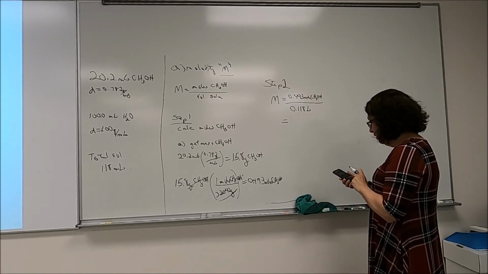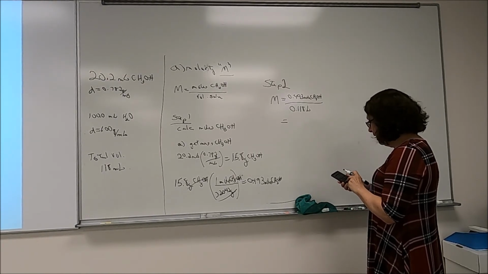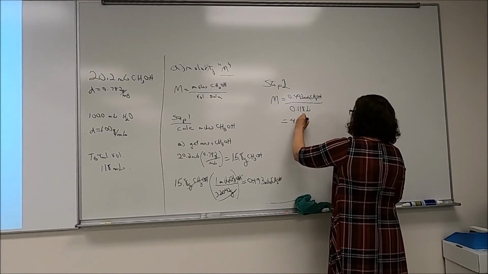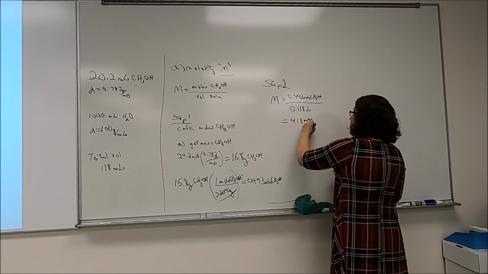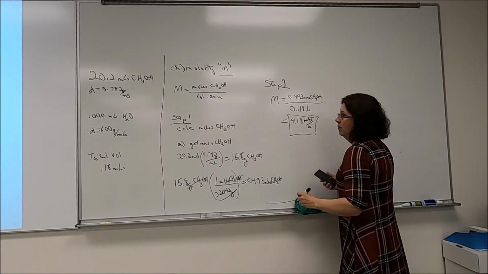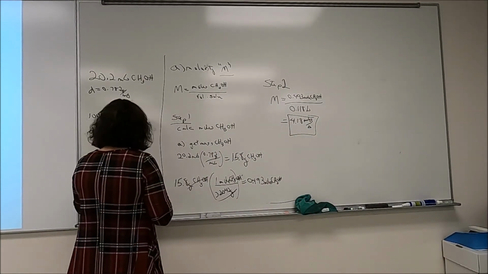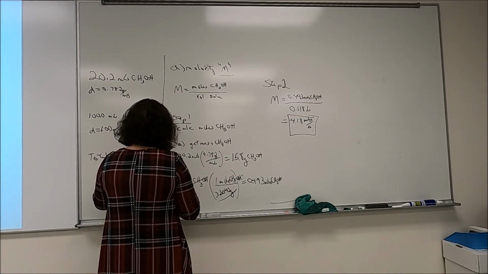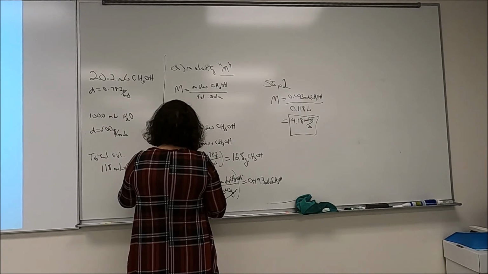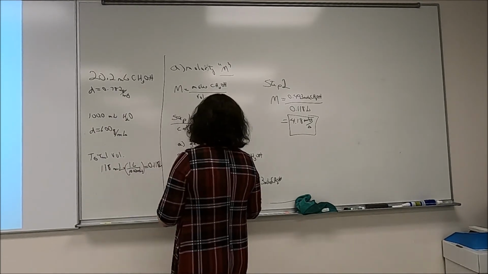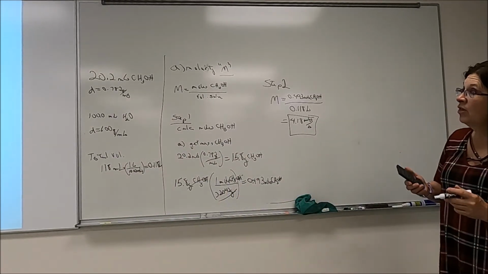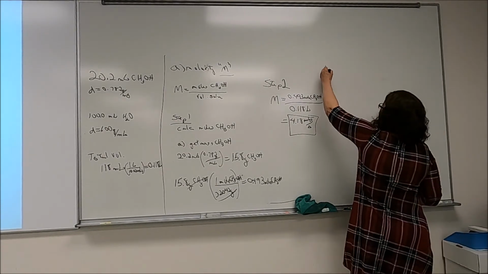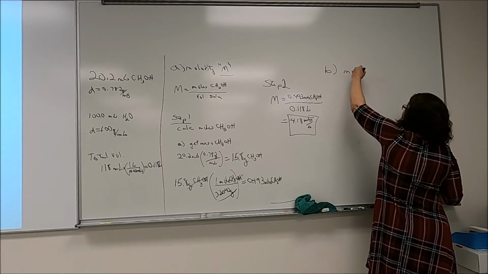Okay, 0.493 divided by 0.118 is 4.18 moles per liter. Okay, now if you think about this total volume, there's 1 liter for every 1,000 milliliters. That's where I got the 0.118 liters from. Okay, so I've got the molarity. Part A is answered.